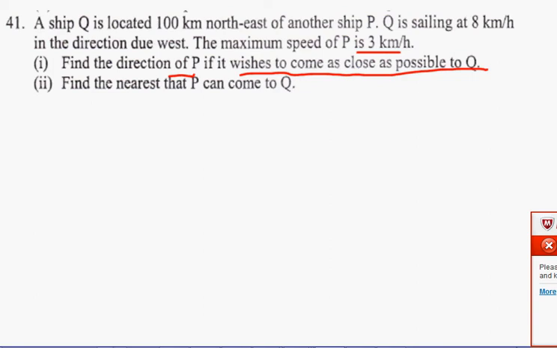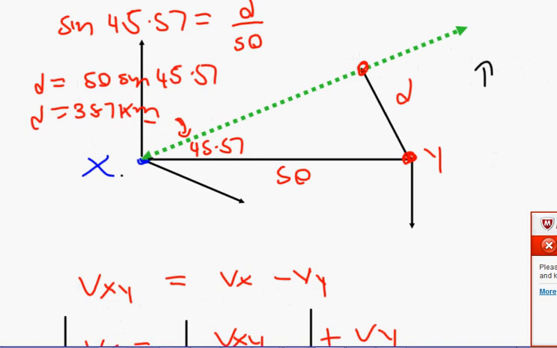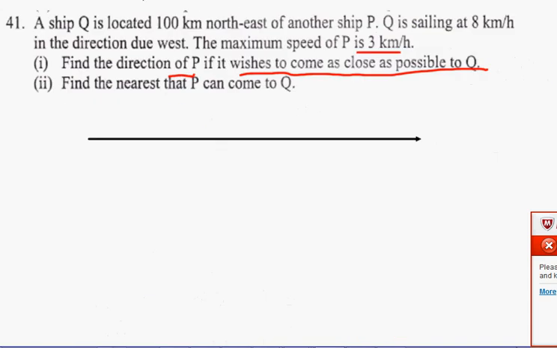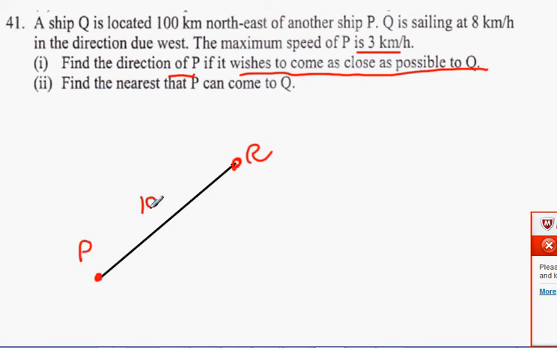Okay, so what we're going to do is just draw an initial diagram. Northeast is positive. Now, that's Q, that's P, and that's 100 kilometers.